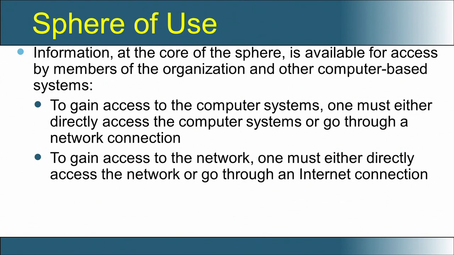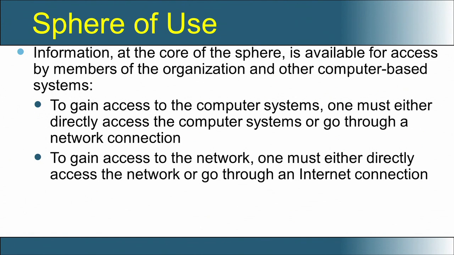The sphere of security can be viewed in 2 ways. One is sphere of use, and the next one would be sphere of protection. The sphere of use essentially says what every sphere can do with the layers internal to it: what people can do with information, what systems can do with information, what network can do with systems, and what network can do to information through the systems, what internet can do through the local network, through the systems, to the information.